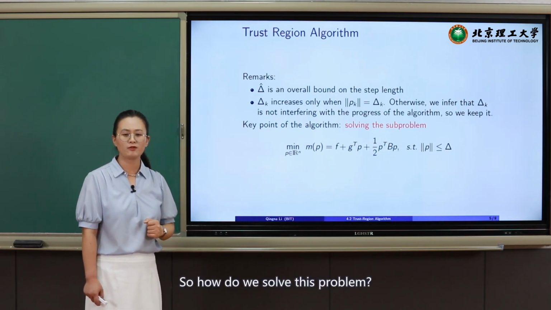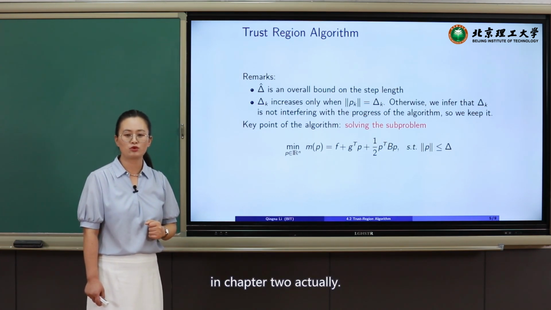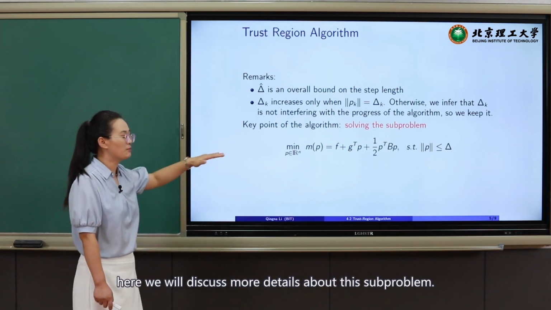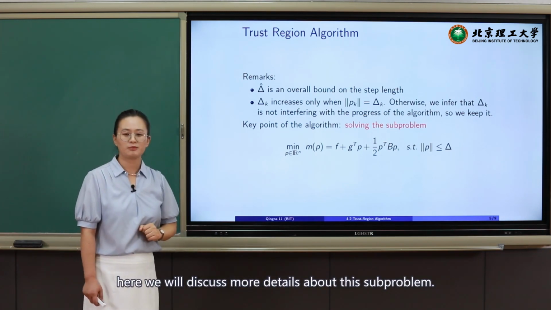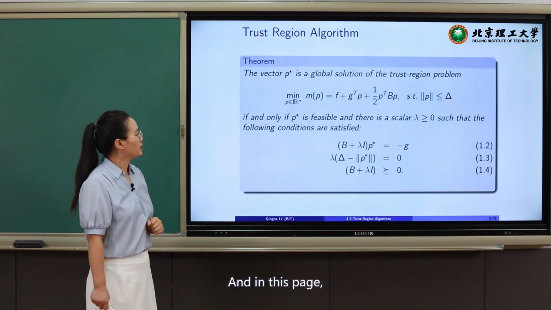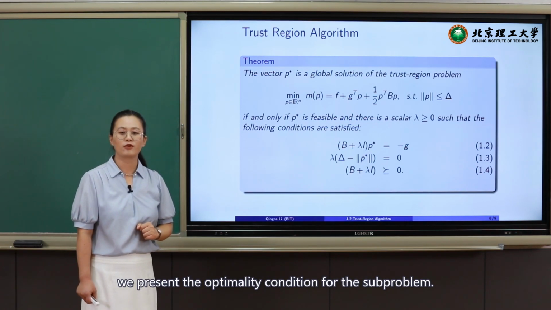So how do we solve this problem? We have mentioned it a little bit in chapter 2 actually. However, here we will discuss more details about this subproblem. And on this page, we present the optimality condition for the subproblem.